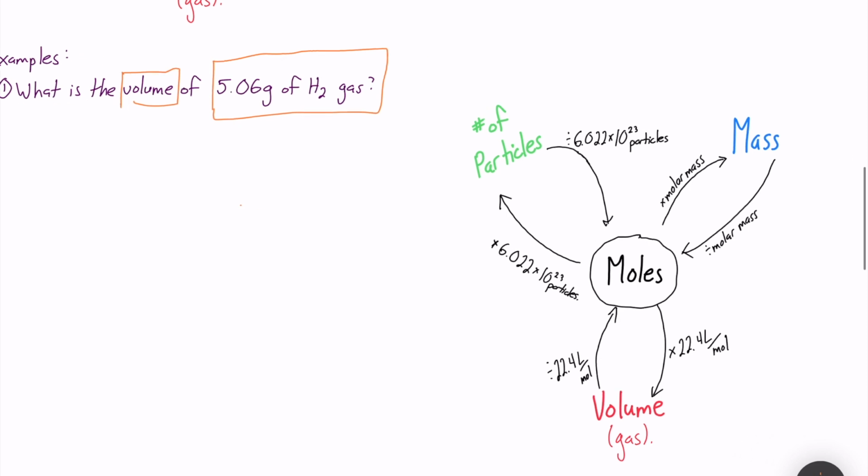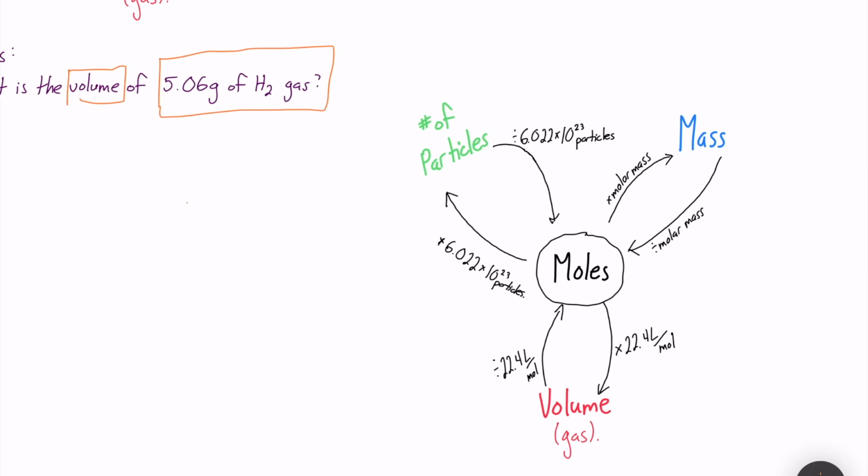So if we take a quick look at our moles roadmap here, we are starting at mass, and the question wants us to get to volume. You'll notice that there is no direct route from mass to volume. We will have to make a quick pit stop at moles.